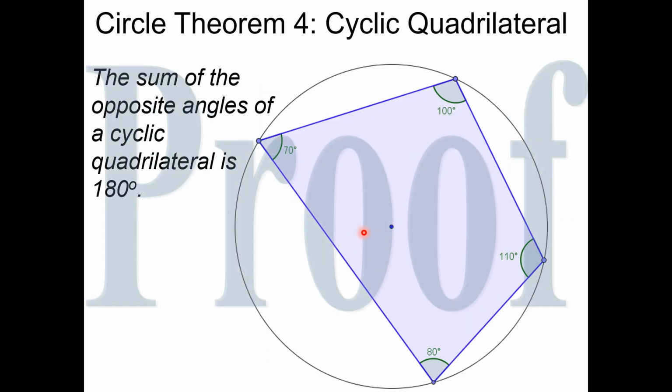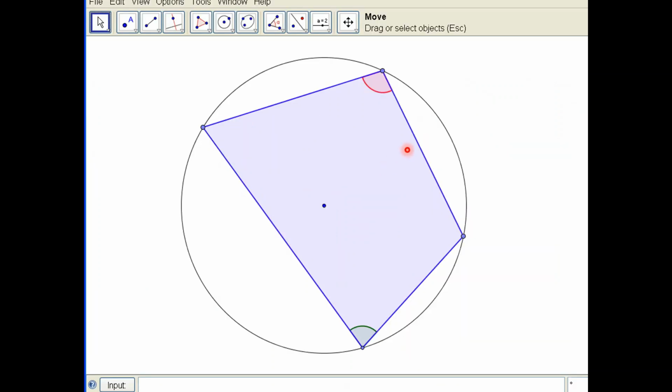Now, we're also going to prove the cyclic quadrilateral theorem, which states that the sum of the opposite angles of a cyclic quadrilateral is 180 degrees. That is, if we add 70 to 110 it must be 180. Then if we add 80 to what? 100 must be 180. So we have a circle and we have a quadrilateral in it.